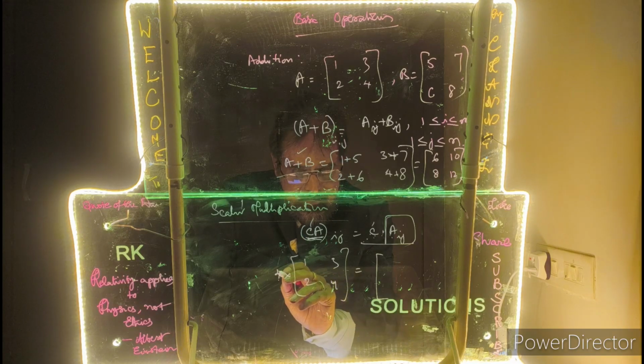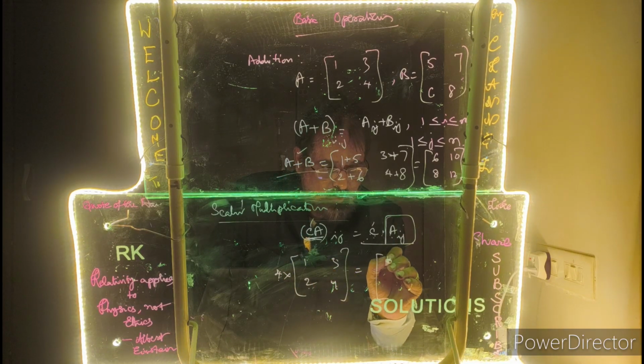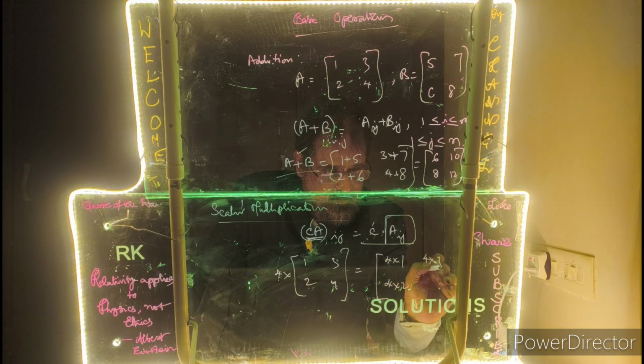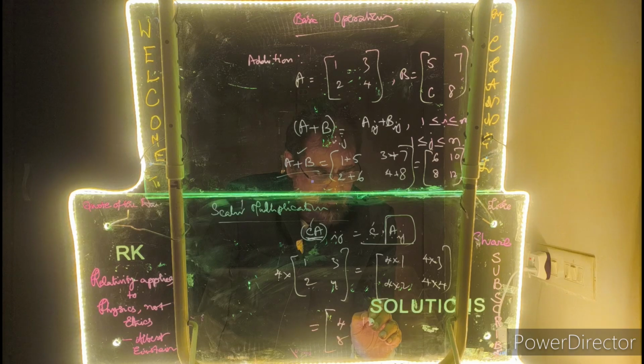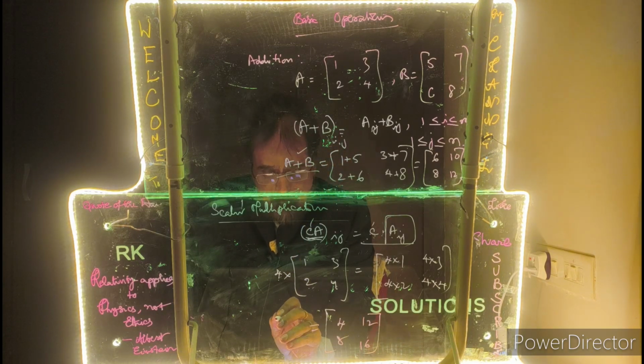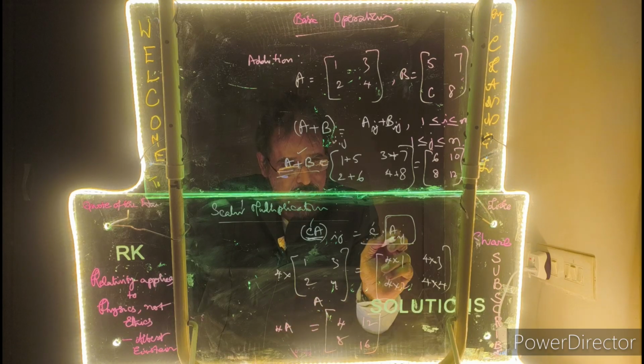This 4 will multiply the whole matrix: 4 into 1, 4 into 2, 4 into 3, 4 into 4, is equal to 4, 8, 12, 16. This is scalar multiplication. We call this matrix 4A.